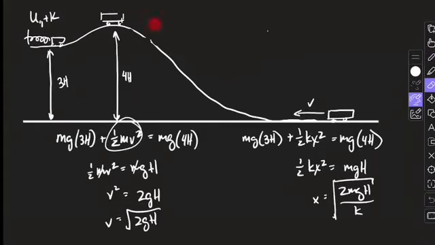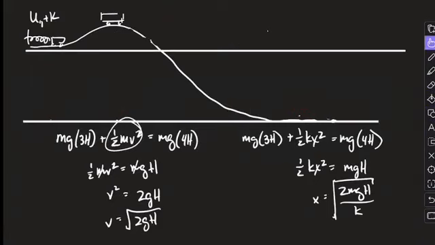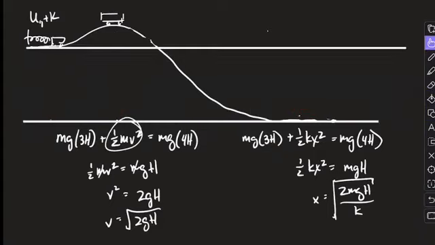This is a new problem about circular motion. I am going to set the reference level to be where the spring is, and we're going to say that this has a radius of curvature of h.